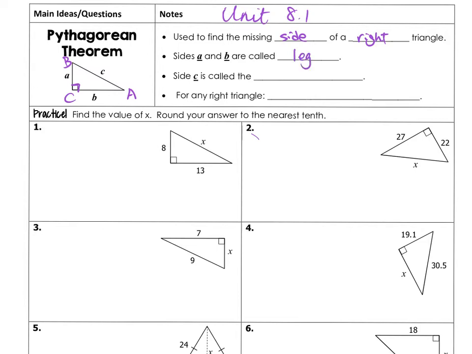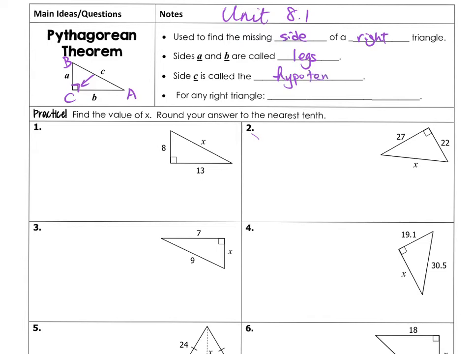Notice that it doesn't matter which leg you call A and which leg you call B. You can switch the A and the B. But it does matter which side you call C, which is the hypotenuse. And that has to be the side facing the 90-degree angle.